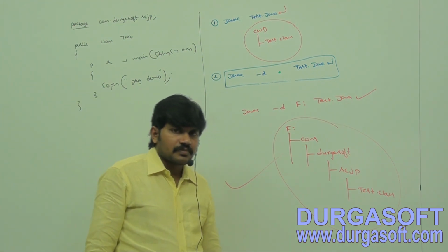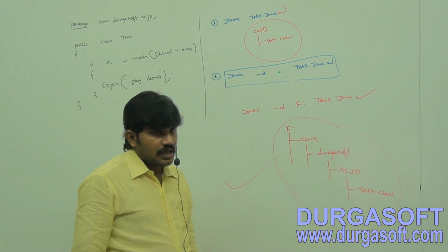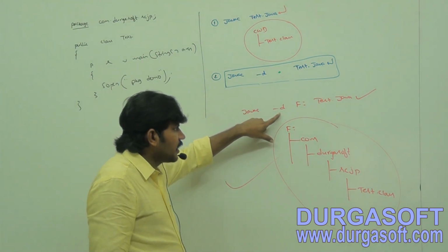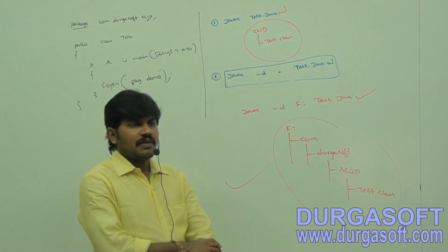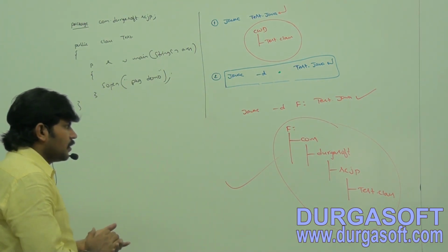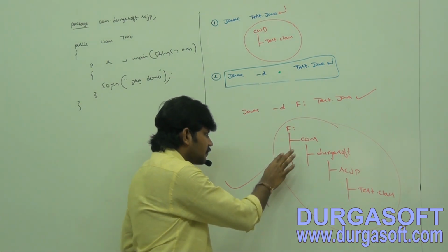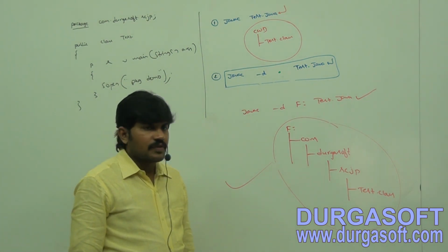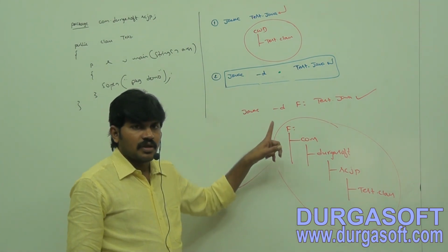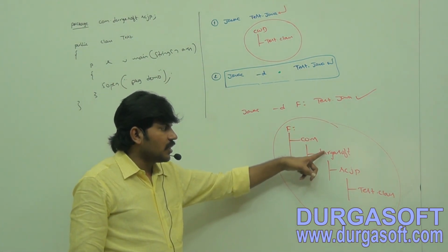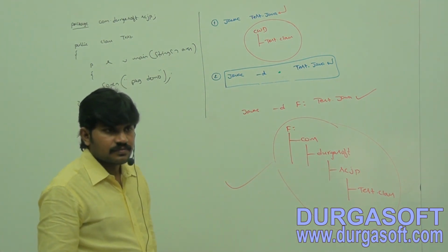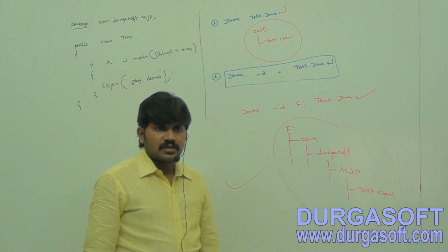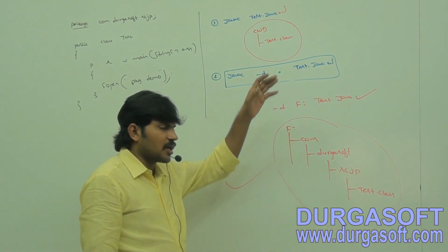For example, javac -d F colon Test.java. So F colon, com, durgasoft, SCJP, test.class. The test.class file by default will be placed in the corresponding package structure.